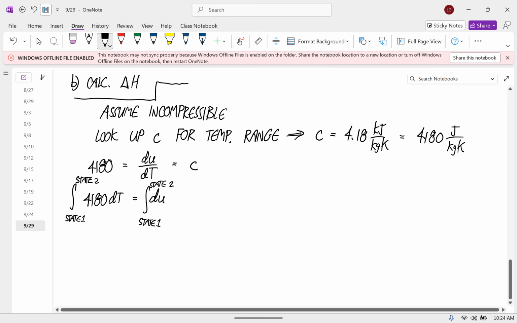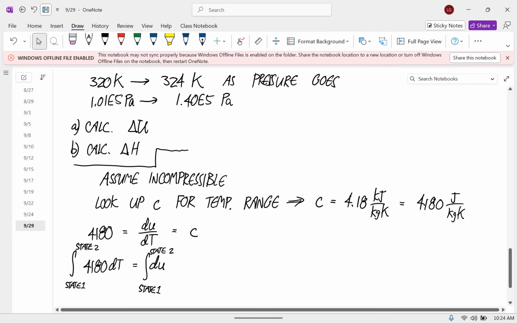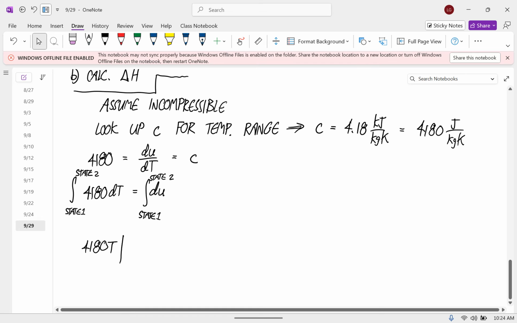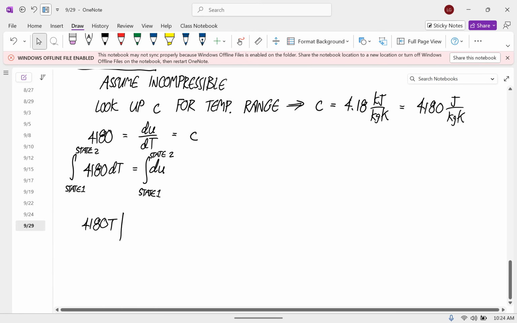If you integrate the left side, you get 4180 T. And we're going to evaluate from state 1 to state 2. So what's the temperature at state 1? Oh, yeah, 320. And then state 2 is 324.